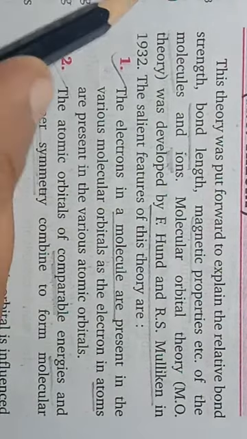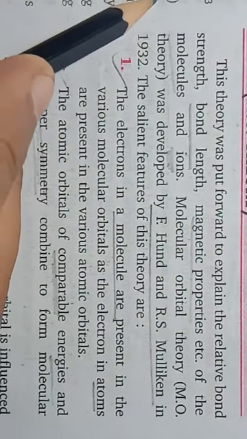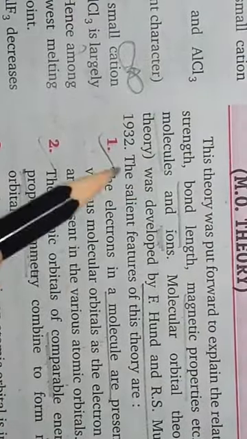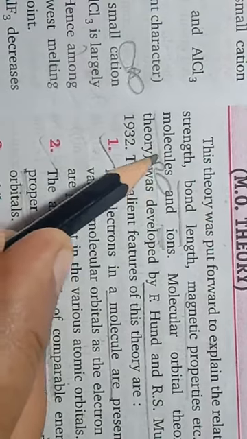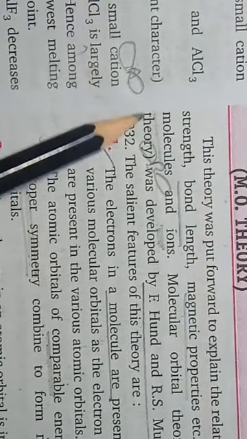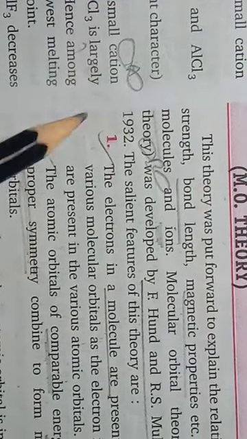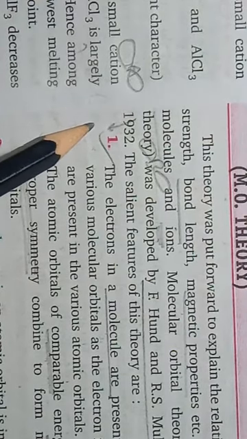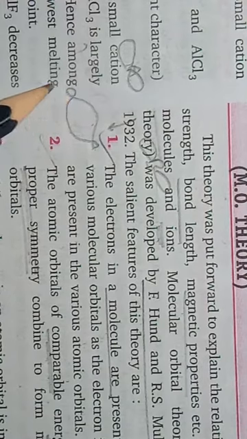For example, if A is an atom with a particular orbital, and B is another atom with an orbital, then these two orbitals, after mixing or overlapping, will give rise to a resultant molecular orbital.